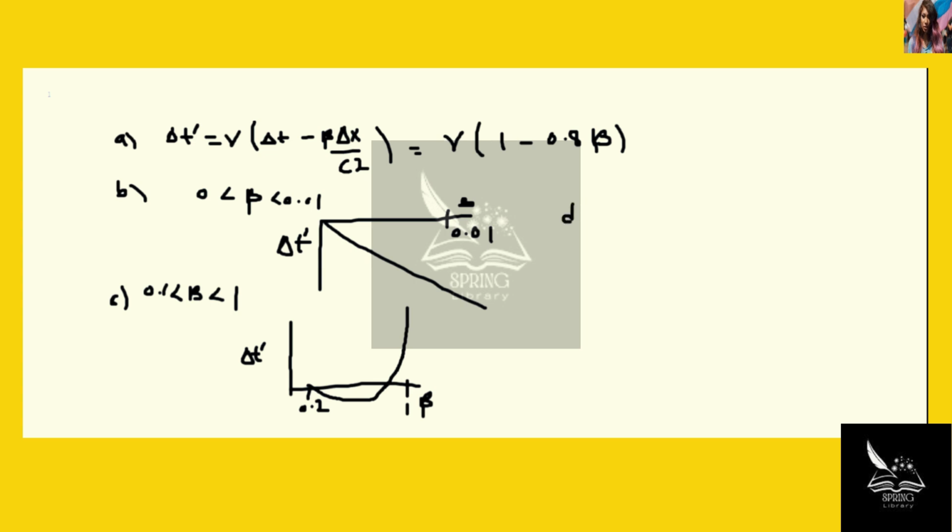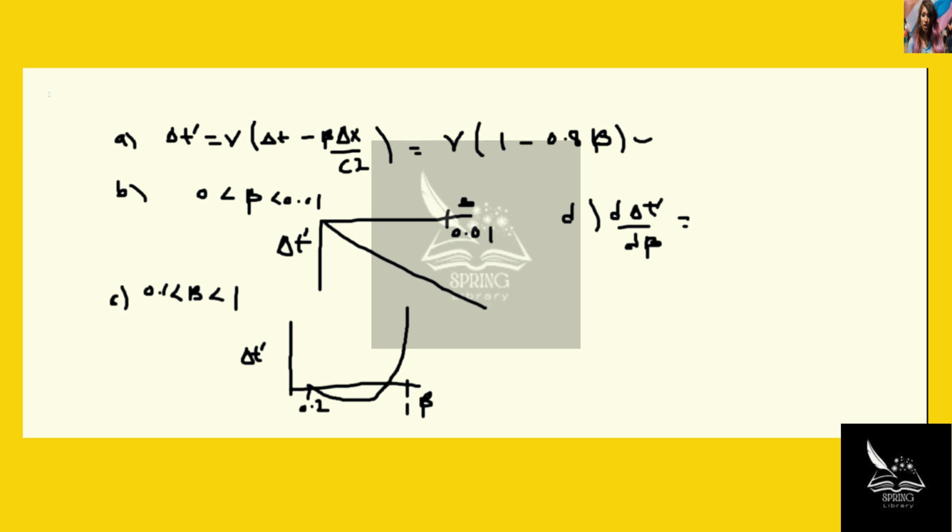Part D, the minimum value of delta t dash can be found by taking the derivative with respect to beta of the equation that we obtained in part A, this equation.